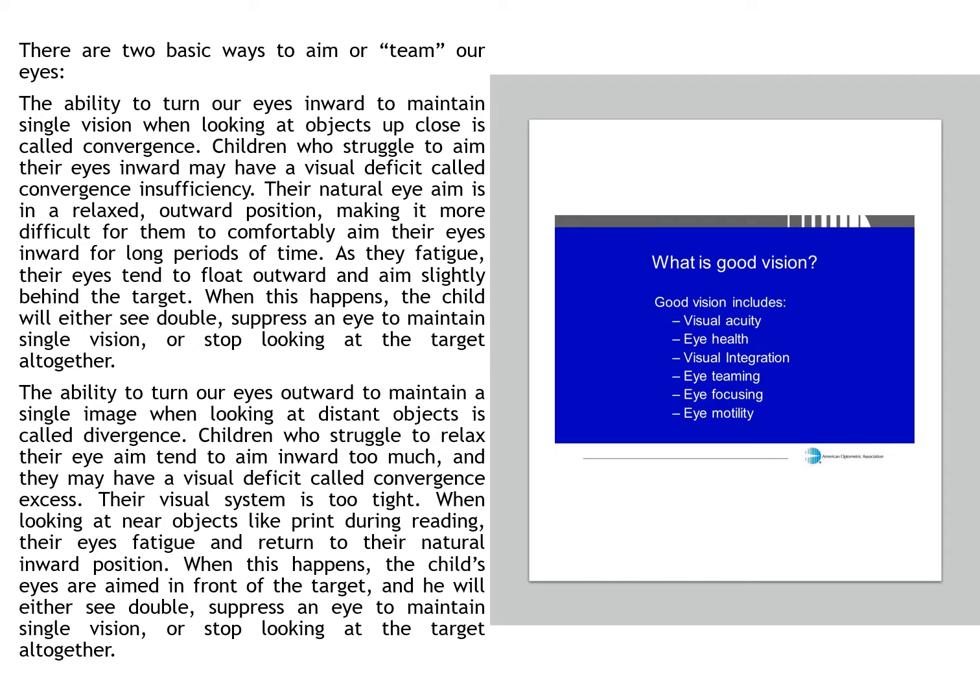When looking at near objects like print during reading, their eyes fatigue and return to their natural inward position. When this happens, the child's eyes are aimed in front of the target, and he will either see double, suppress an eye to maintain single vision, or stop looking at the target altogether.